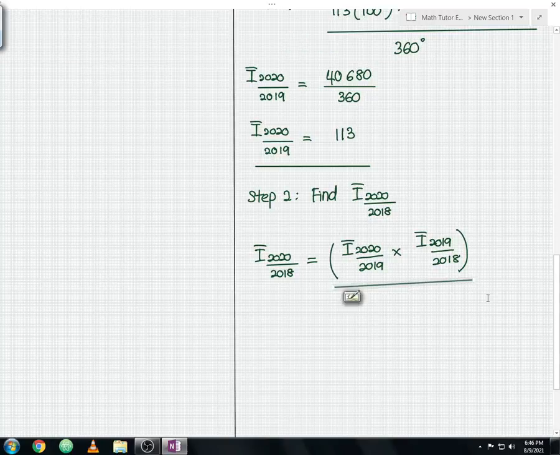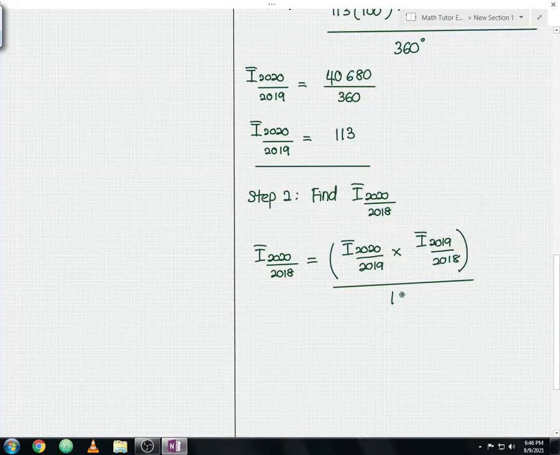Technically the 2019 and 2019 will cancel off, so you only are left with this term.